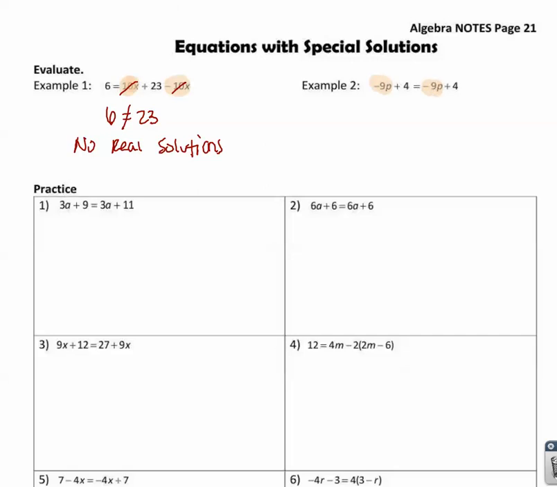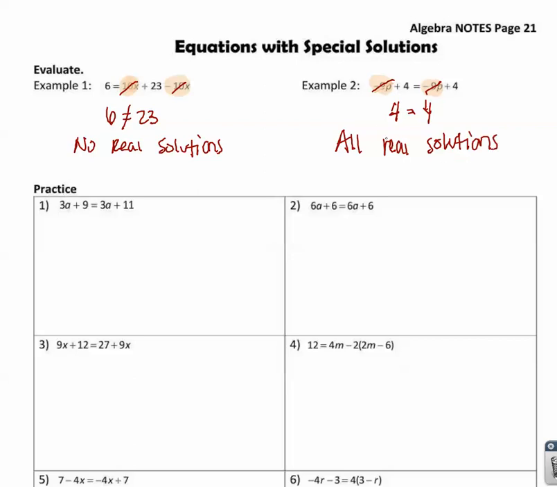If I were to add 9p over here, you would end up with 0p. So these cancel, leaving you with 4 equals 4. Since this is a true statement, 4 does equal 4, then you have all real solutions.